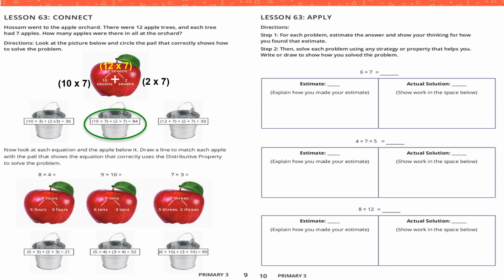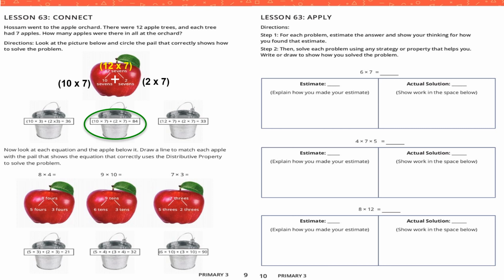The third one, 12 plus 7 plus 2 times 7. No, it's very wrong. I have here in the first bracket plus, and in the second bracket I have times, so it's wrong, okay? So the correct pail is the one in the middle.